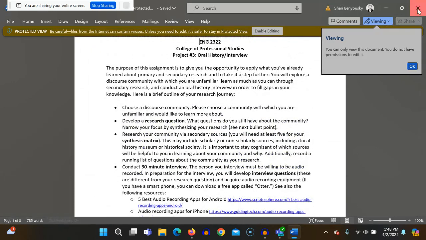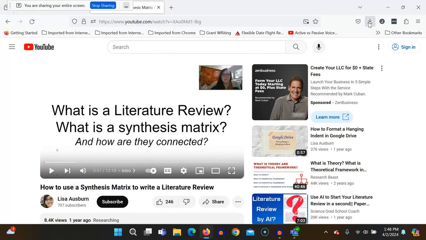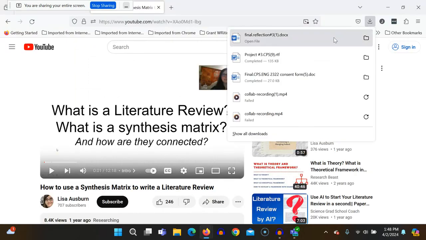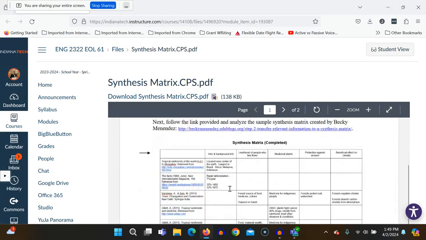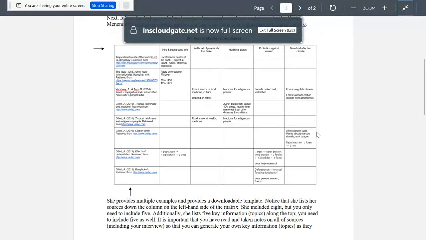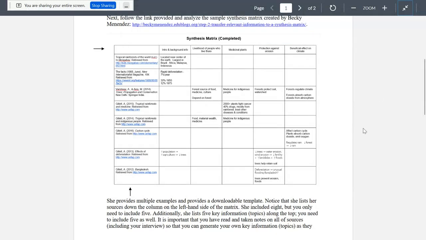See if I can find it. I don't have it. The matrix, as you recall, here we go. Okay, synthesis matrix. Let me make it a little bigger here if I can.